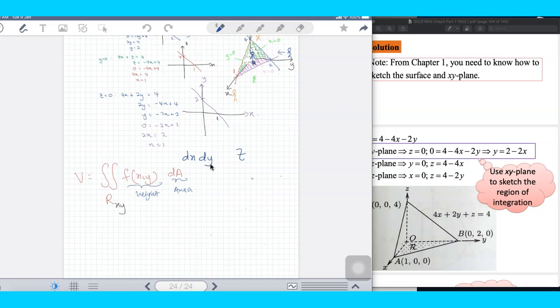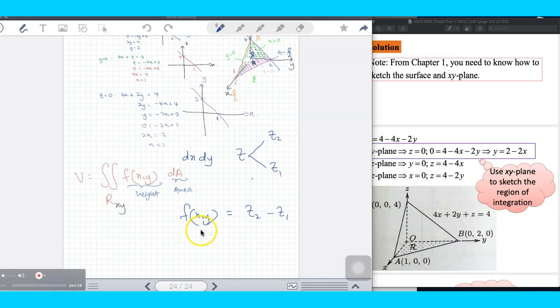You have to determine the limit of Z. The limit of Z here will tell you the function. So how can we get the function? Back to the limit of Z. The upper bound is given by Z2, the lower bound by Z1. So F is actually the subtraction between Z2 and Z1. Then we give you the integrand.